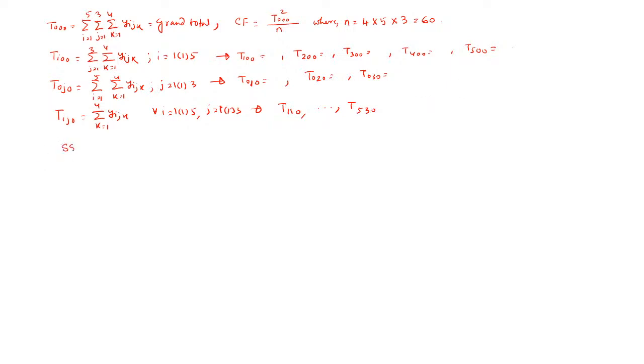Then SS due to total, SST, is equal to the sum over ijk of Yijk square minus the correction factor, with degrees of freedom n minus 1, that is 60 minus 1, 59. Next is the SS due to varieties.